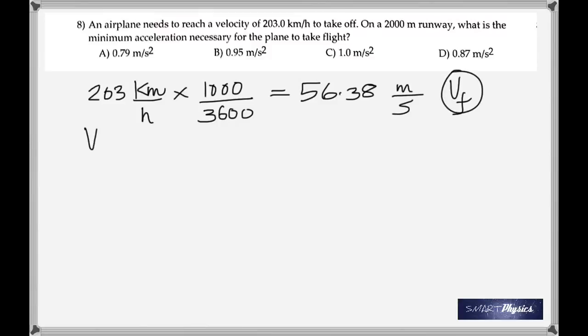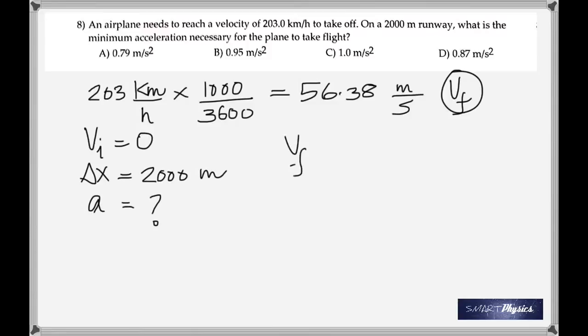That's the initial velocity. No, I'm sorry, that's the final velocity, because the plane needs to reach that velocity to take off. The initial velocity is 0, and then it's a 2,000 meter runway, so delta x is 2,000, and you have to find a. The equation that has these 4 terms, we've used that equation a couple of times already.